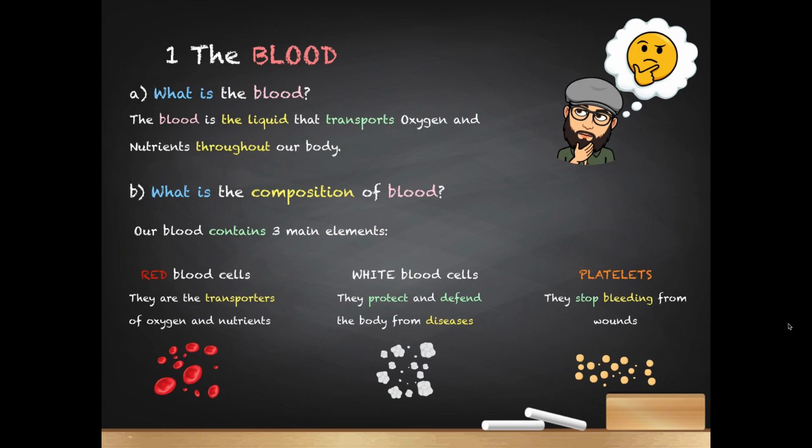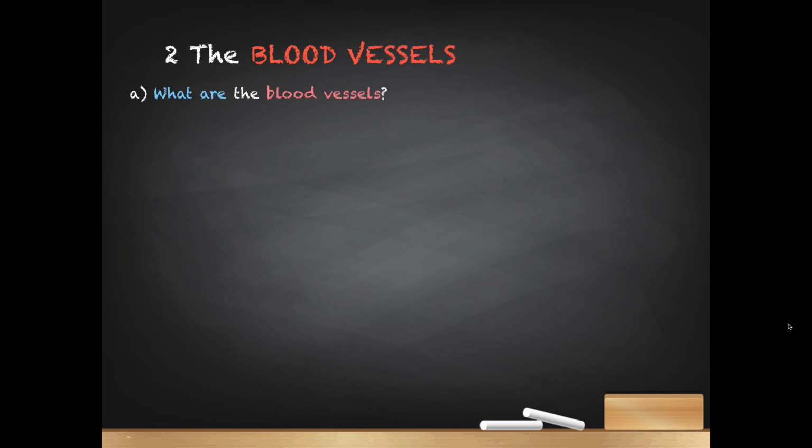They stop bleeding. Let's continue with the second element of our circulatory system, the blood vessels. What are the blood vessels? Remember, they are the roads where blood travels throughout the body.